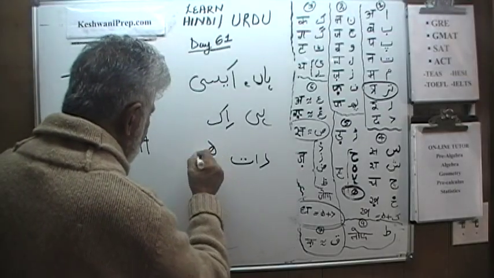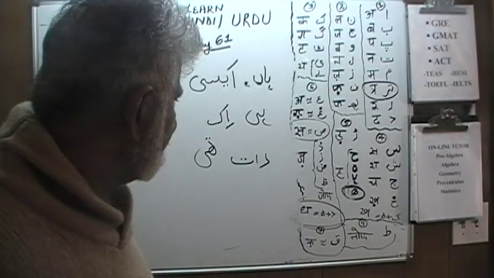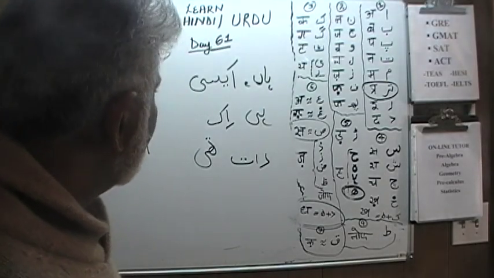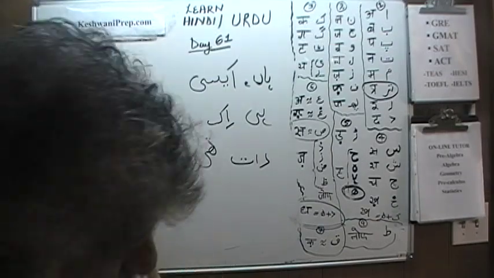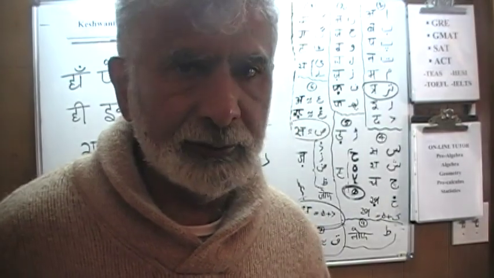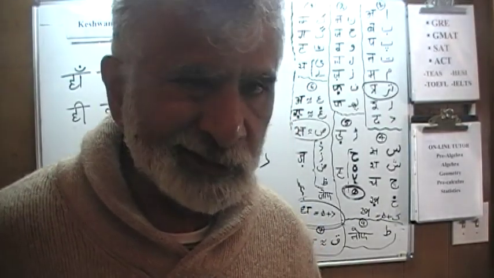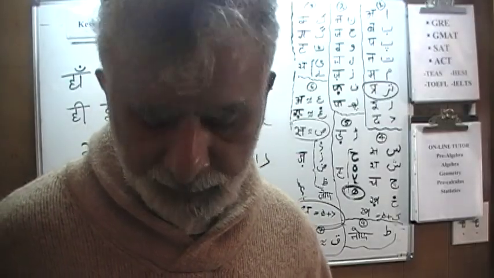You have to write all of that in one shot. If you stop in the middle and try to join it, it looks ugly. Ha, AC he, ikrat thi. Yes, it was a night just like tonight. That's what it says. Ha, AC he, ikrat thi.